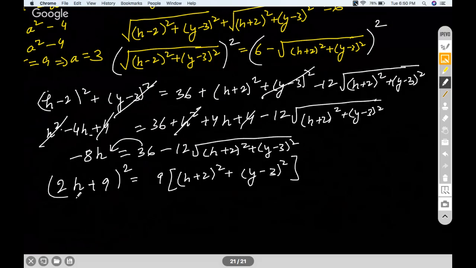Okay. So when we do that, we get 4h square plus 36h plus 81 is equal to, this is why I'm writing y over here. I should be writing, okay, let me write x everywhere since I've already written y in half the places.